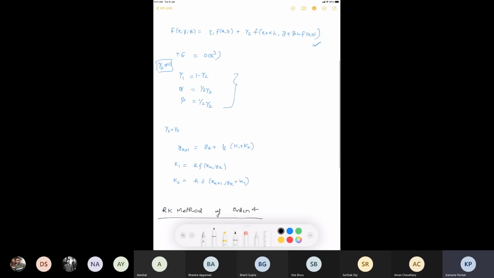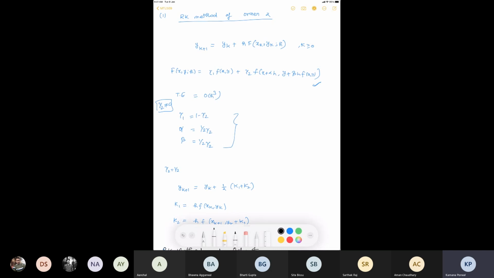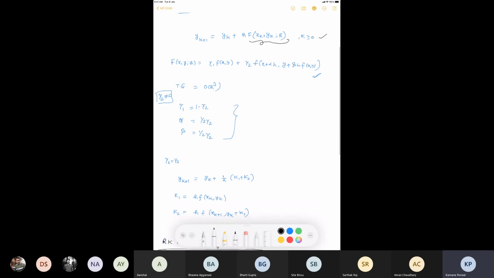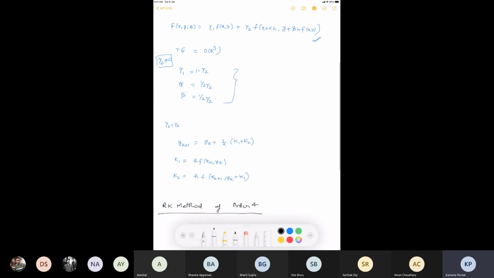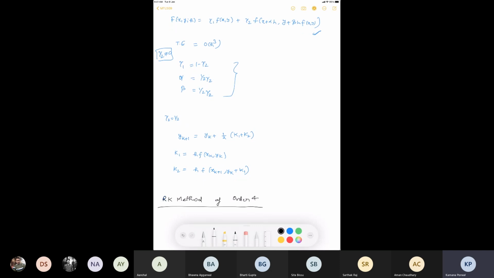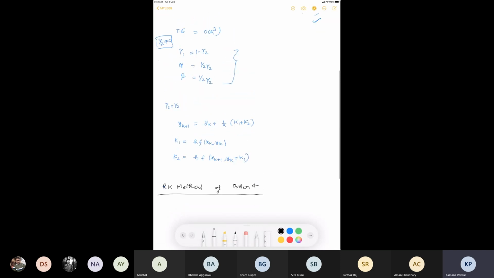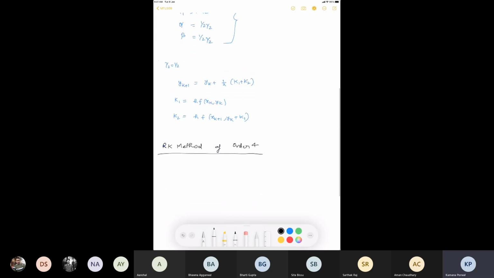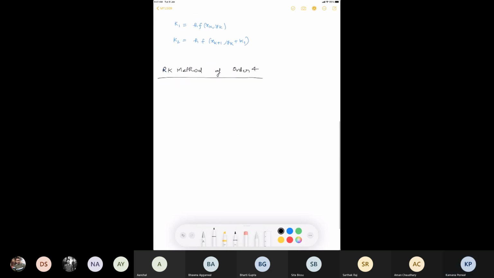The underlying idea remains the same: you start with y_{k+1} in this form. Then f will change when we go to the RK method of order 4, and it will involve some parameters which we will determine so that the truncation error is of order 5, because this method is of order 4.